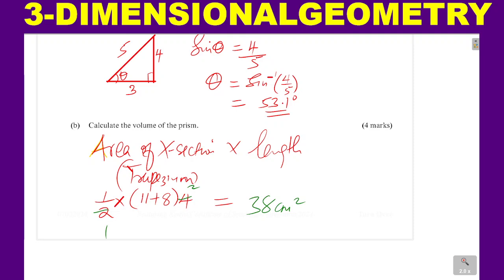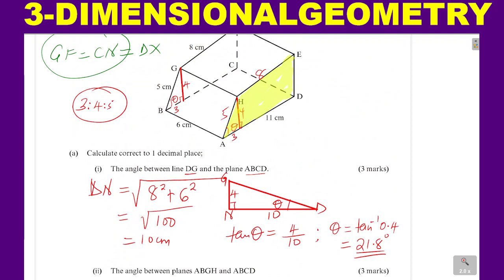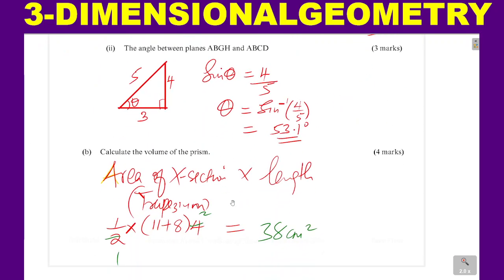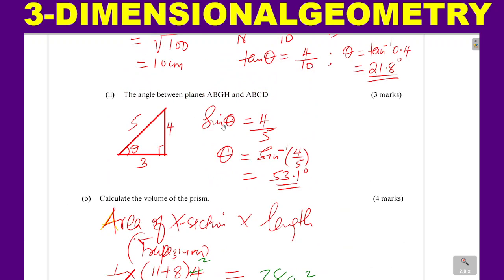Now we have the area of the cross section, and we multiply by the length. The length is 6 centimeters. So volume is equal to the area of the cross section, 38 centimeters squared, times 6 centimeters. This gives 228 centimeters cubed. And that is simply how you're supposed to solve that question.